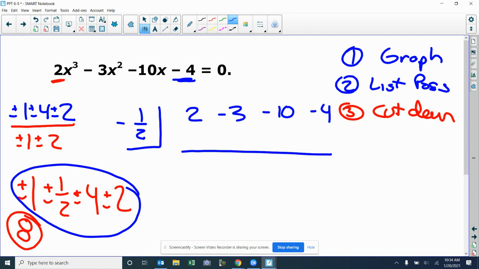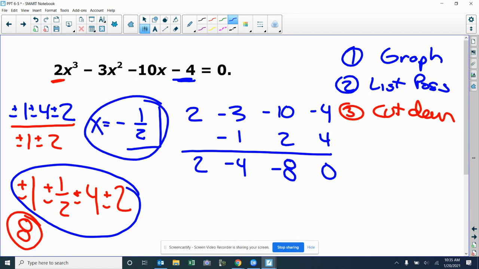By looking at my graph on my calculator. We're thinking it might be that, so let's see. 2 comes down, right? That gives me -1. That gives me -4. That gives me +2, which gives me -8. That gives me +4. And I'm pretty happy about that because that is one of my 3.